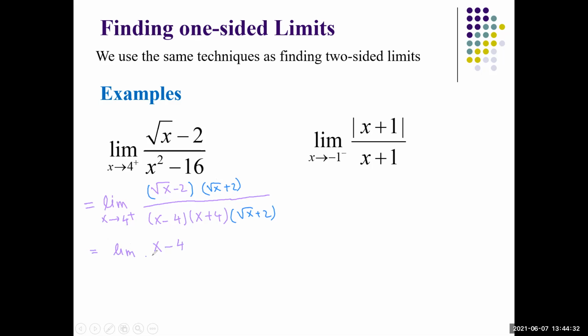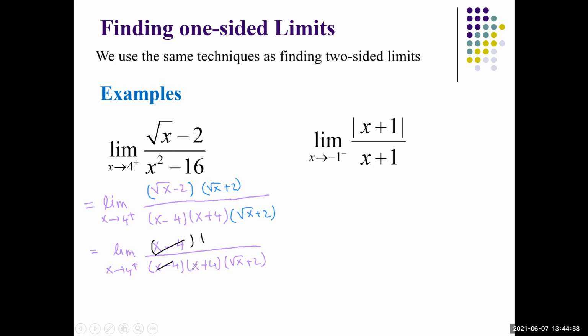So you have x minus 4 in the numerator, and then we have x minus 4 times x plus 4 times root x plus 2 in the denominator. And so x approaches 4 from the right. Okay, so then we can cancel the common factor. Right, so when we cancel the common factor, we're left with 1.